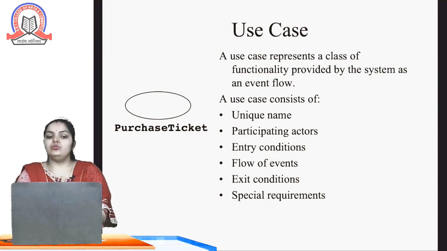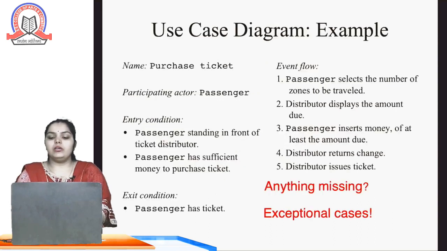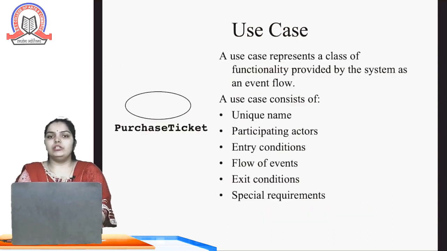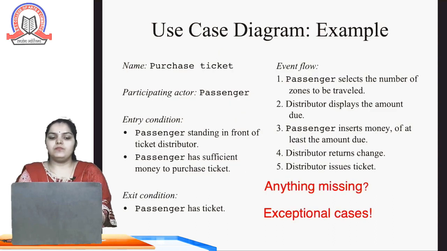So use case basically consists of a unique name, participating actors, entry condition, flow of events, exit conditions, and special requirements can be there in case of the use case. And it is represented by the oval shape. So oval shape.